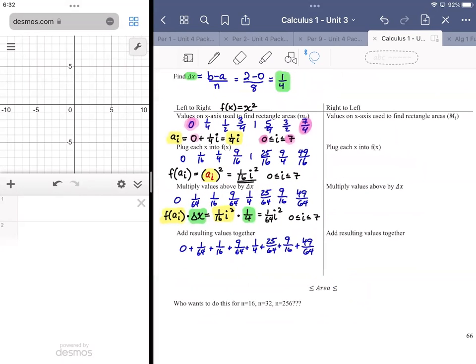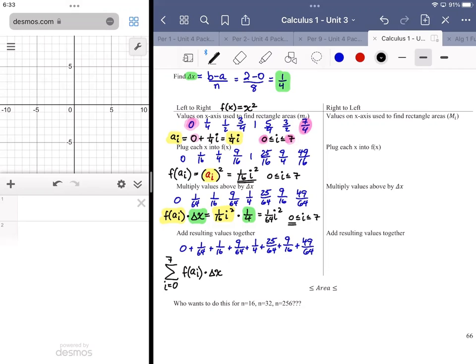All right. So the next step in the process was to add all the resulting values together. So that's a summation, right? That summation started off with an I value of 0 and went to a 7, but it's the summation of f of a sub I times delta x.